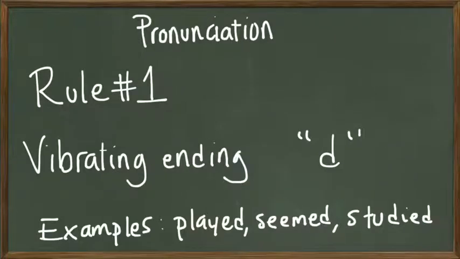Let's continue. Pronunciation. Rule number 1. All the verbs that have a vibrating ending, it is very important that you pronounce them while you're watching this video, because your pronunciation is really important when you express yourself in English, and the simple past is something that requires more practice than the rest.